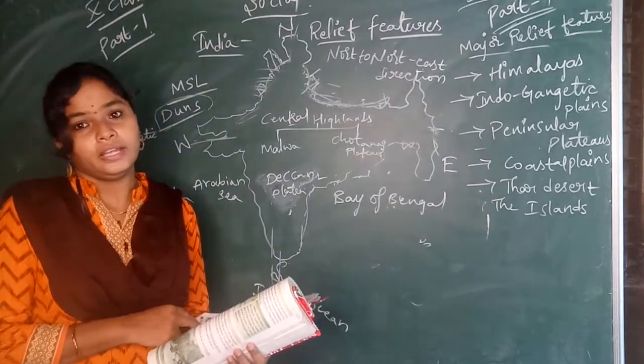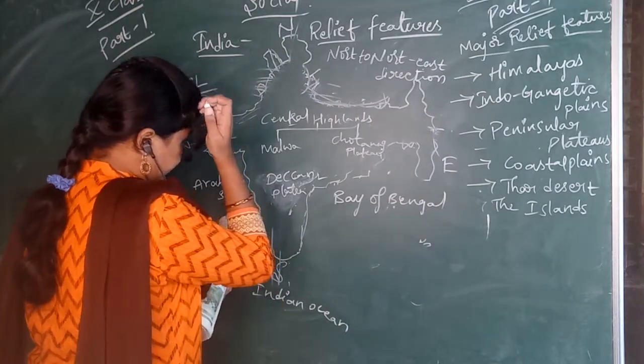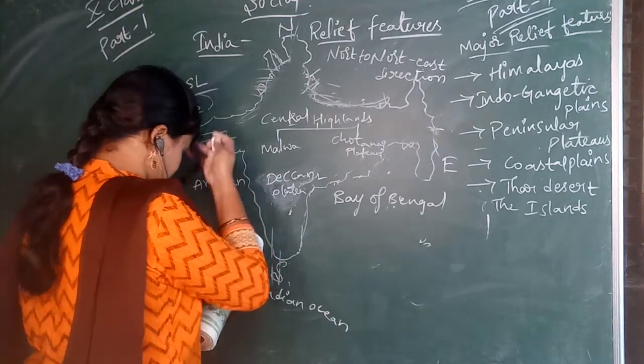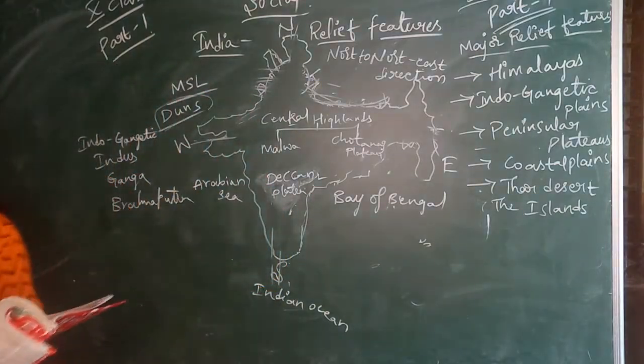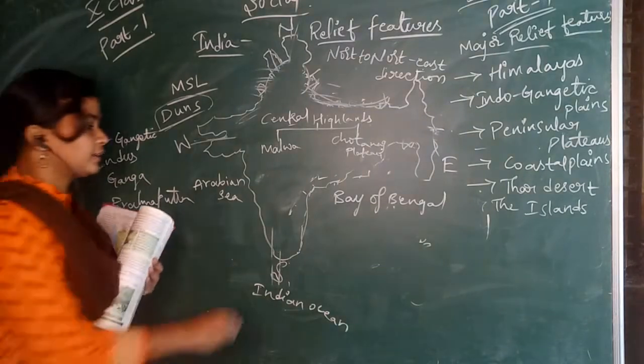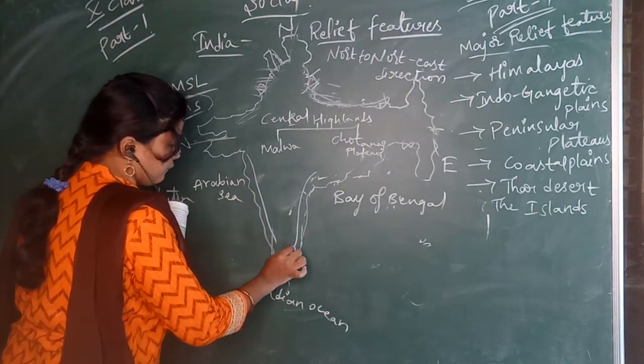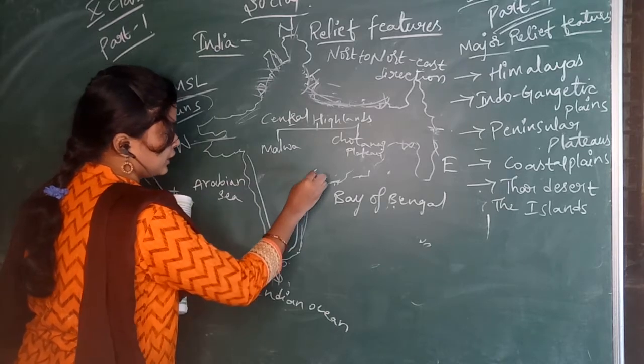One more thing, in the Deccan Plateau there are the Eastern Ghats and the Western Ghats. Listen, here will be the Eastern Ghats and here will be the Western Ghats. Clear children?